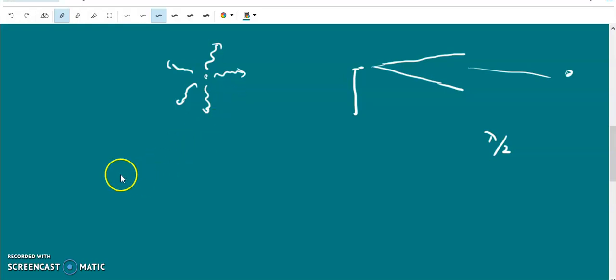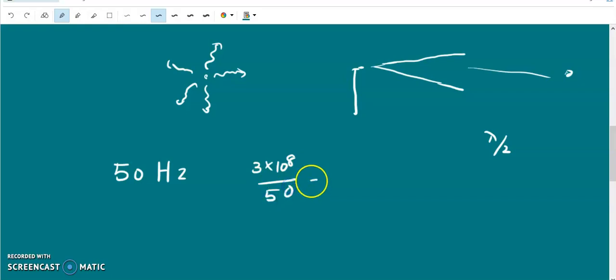Even if we are transmitting very low frequency signals, 50 Hz signals, the wavelength should be of the order of c by 50, which is equal to 6 into 10 to the power 6 meters. This much long. So this is impossible.